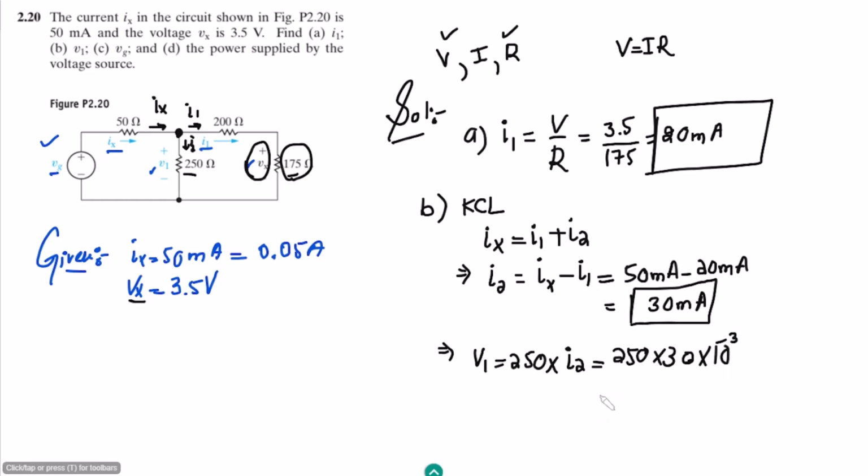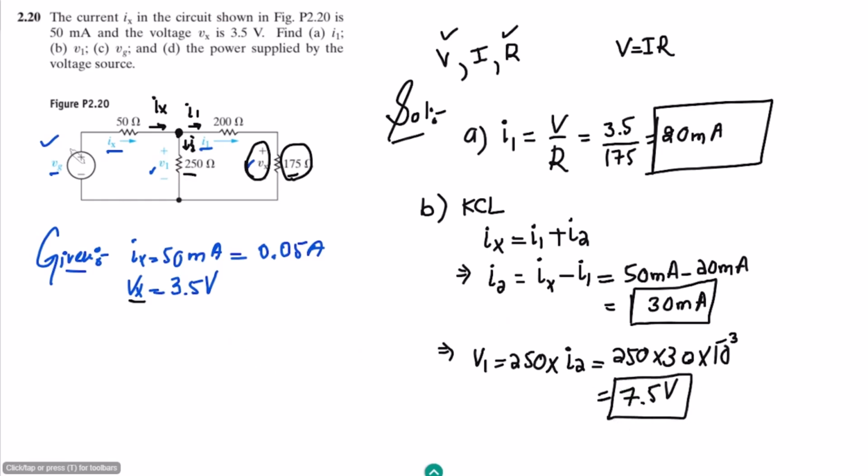Solving it, we get 7.5 volts, which is the voltage across this 250 ohm resistor. That is the solution of part B.